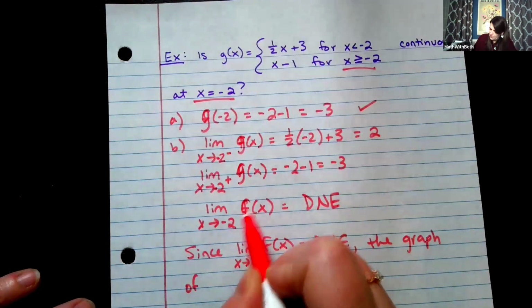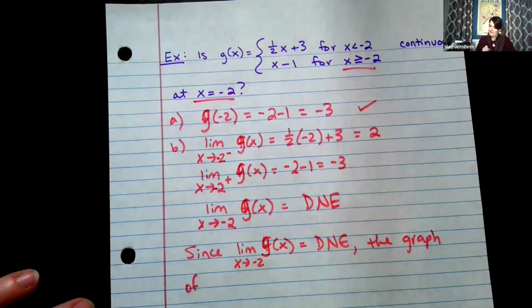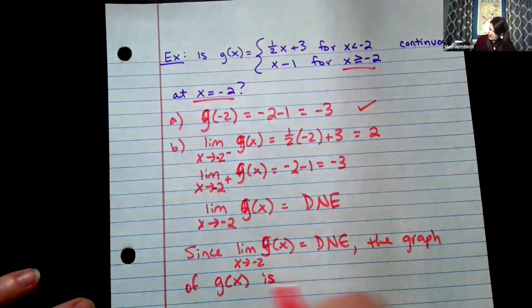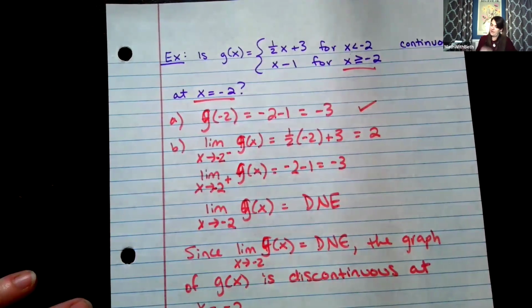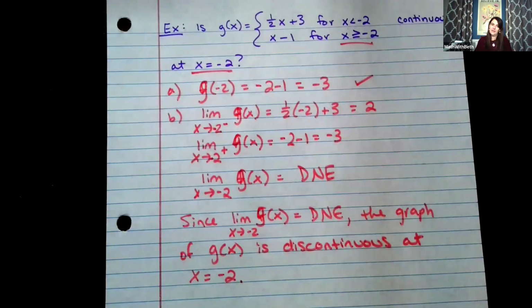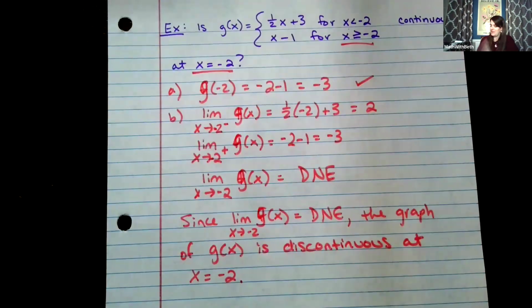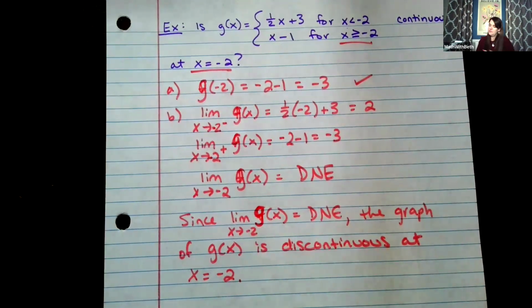So let's just be proper here. Sorry about that. Since the limit as x approaches -2 of g of x does not exist, the graph of g of x is discontinuous at x equals -2.